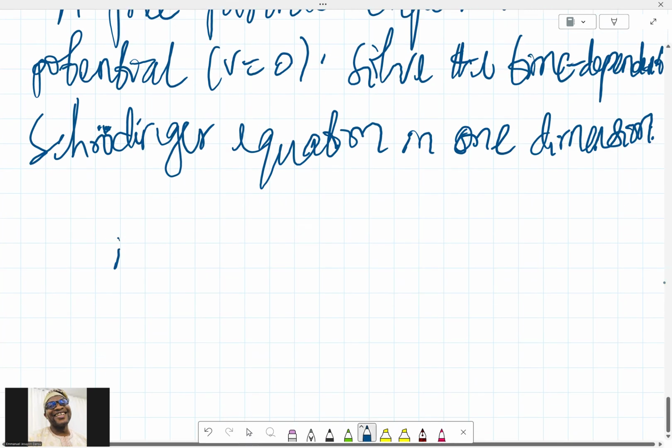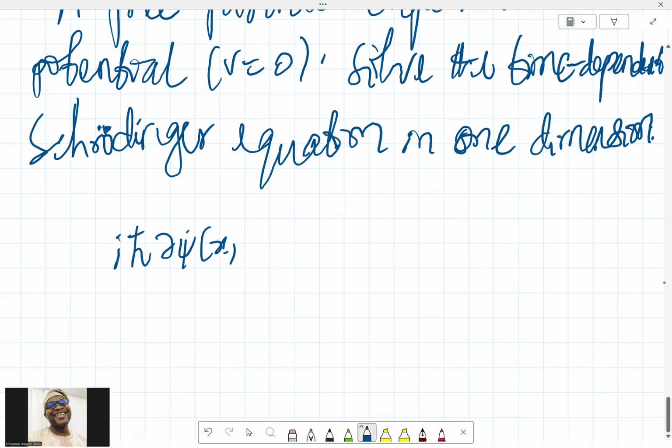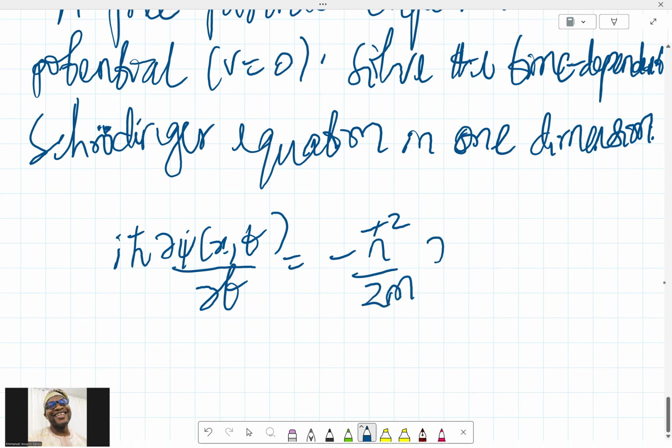So we have i h bar partial psi of x comma t partial t equals minus h bar squared over 2m partial squared psi of x comma t partial x squared.